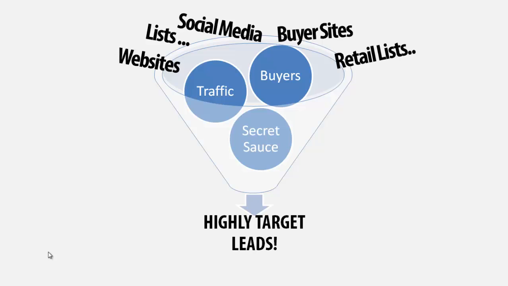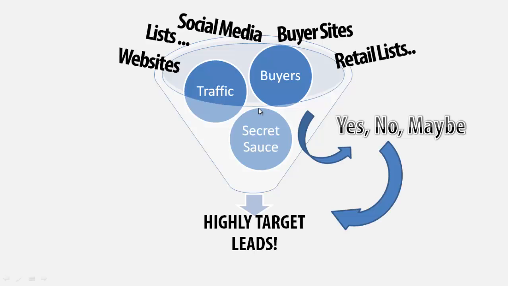Then we put them in a systematic system that gives us the ability to ask them questions and put them right back into the system. So we can say, are you interested in XYZ? Yes, no, maybe. And then the yes, no, maybe triggers a sequence of events that puts them back into our system, just kind of churning the butter to make that lead more effectively targeted, right?